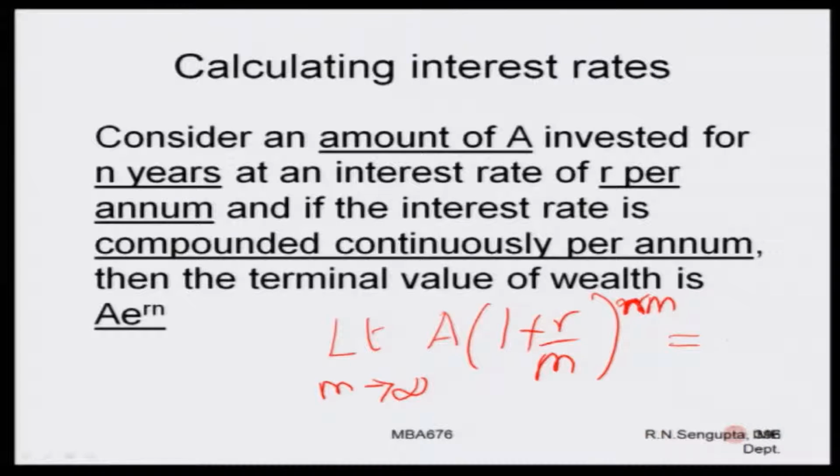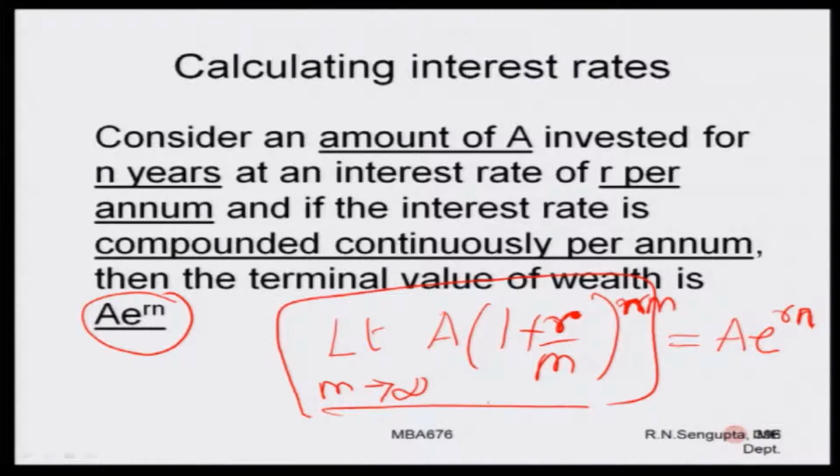So, the actual formula which you will have is as m tends to infinity, it will be A into e to the power R n. This R is the interest rate per annum, and this n is the number of years. This is the formula which you get using the simple concept of limit. Check any mathematics book, you will find this formula to be true.